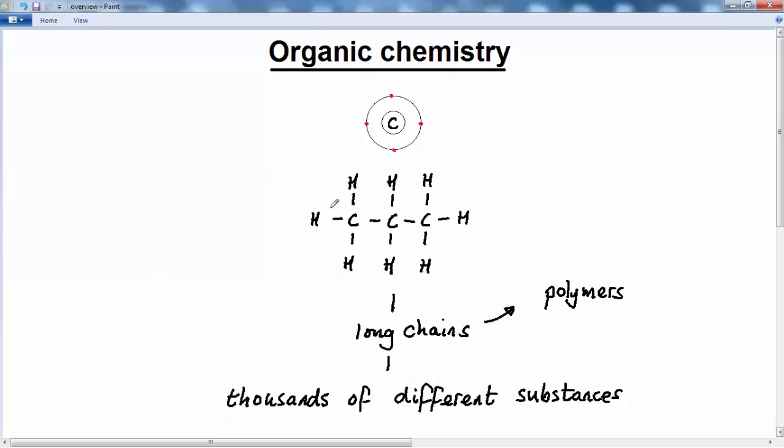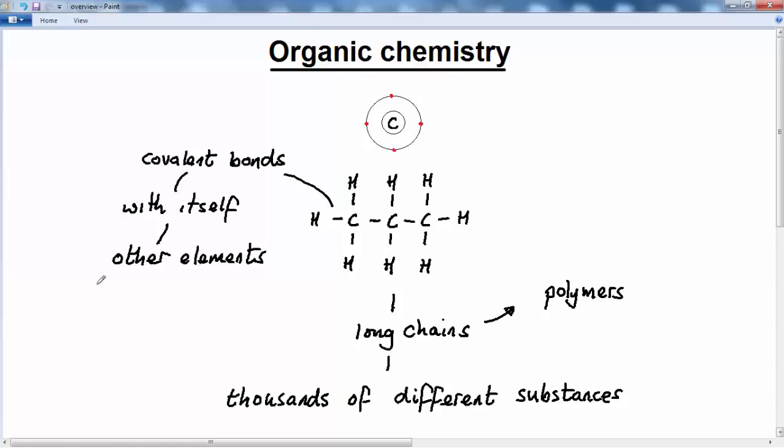Okay, so just emphasizing that, carbon forms covalent bonds with itself and other elements such as oxygen and the halides, and this can give rise to many different substances. Now, we're just going to have a look at a handful of those.